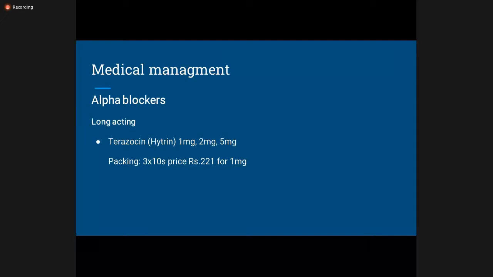This is just a short list of the drugs we have for that. There are long-acting drugs like terazosin. It commonly comes with the name of Hytrin and with the dosage of 1 milligram, 2 milligram, and 5 milligrams. And it's very cheap. It costs around 221 rupees for 1 milligram.